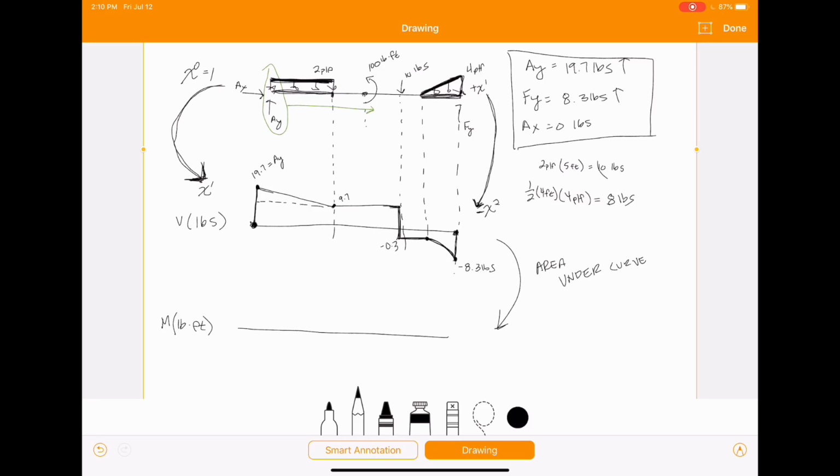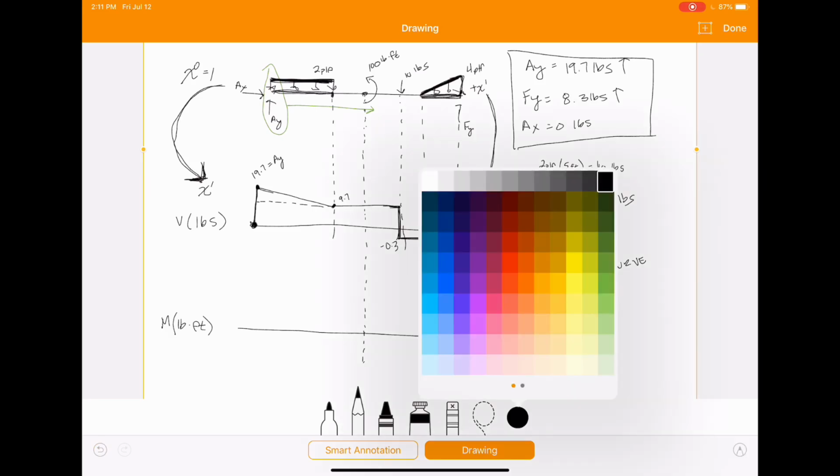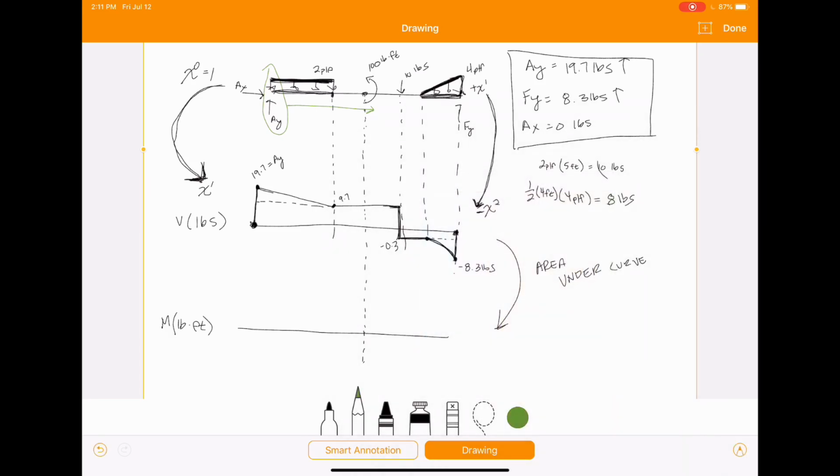Now, since we're looking at moment, we're going to have to include this concentrated moment acting on the beam right there. That didn't affect our shear because it was just a moment. So we can go ahead and split these in different sections. And I'm just going to calculate the areas of these sections right here.